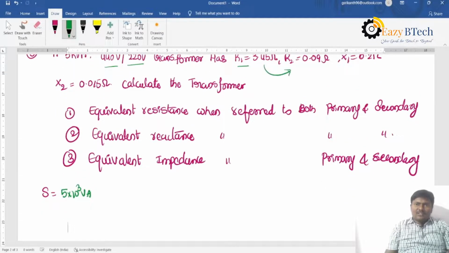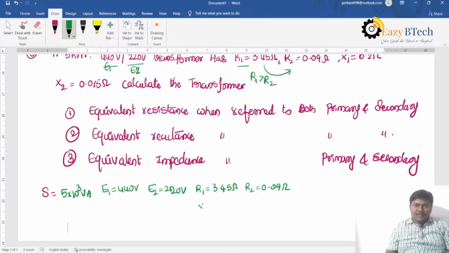So R1 is greater than R2, so that's why this one is called E1 and this one is E2. E1 is 440 and E2 is 220 volts, R1 is 3.45, R2 is 0.09 ohms, X1 is 0.2 ohms and X2 is 0.015 ohms.